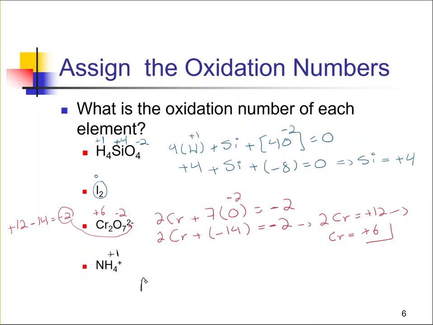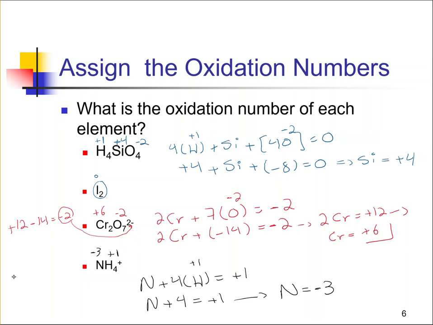Now, the oxidation number of nitrogen plus 4 hydrogen should equal the charge of ammonium ion, which is a positive 1. So oxidation number of nitrogen plus 4 hydrogen, each one of them positive 1, should equal plus 1. That means the oxidation number of nitrogen is negative 3.